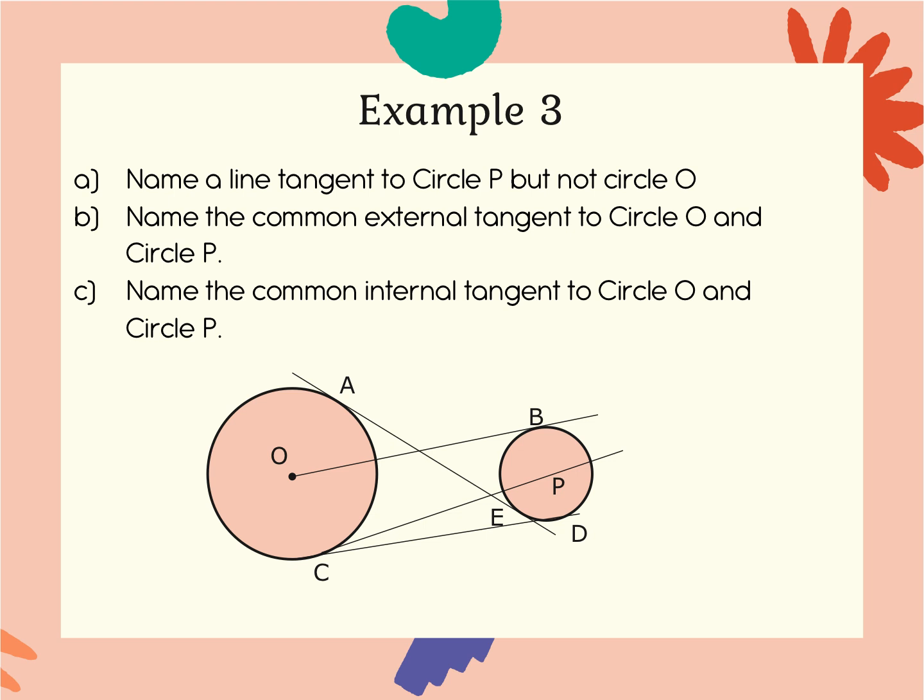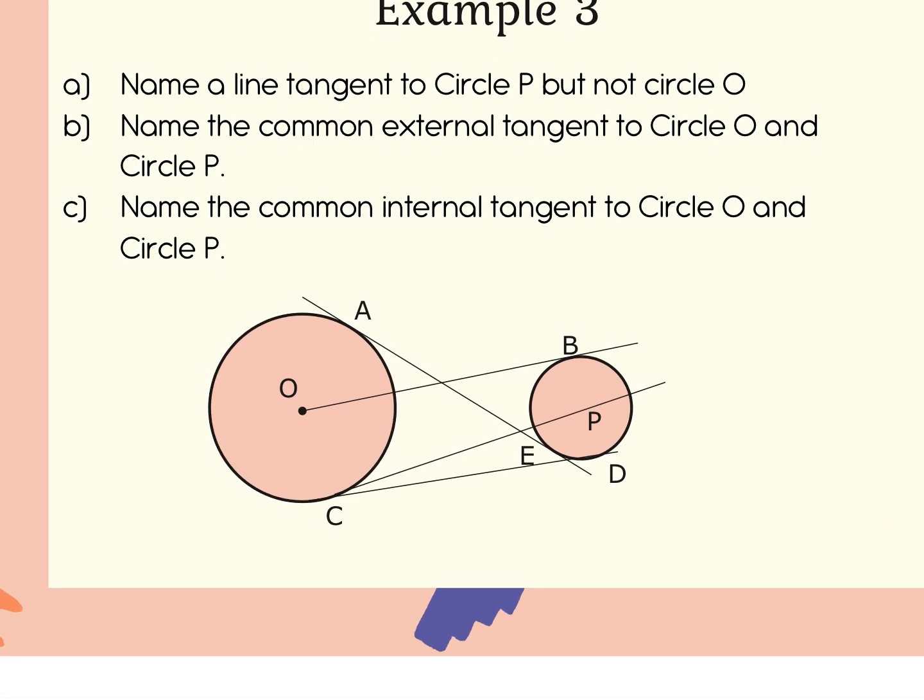All right, looking at this example, it says name a line tangent to circle P, but not circle O. Looking at it, I'm just identifying because this is a little misleading. E is right here. D is right here. P is right here, B is right here, A is right here, and C is both of these lines right here.